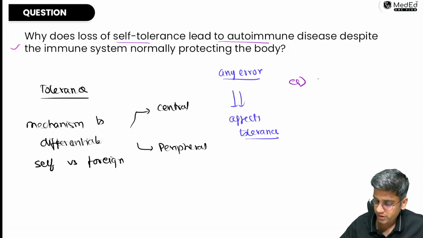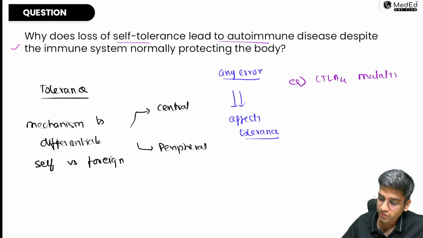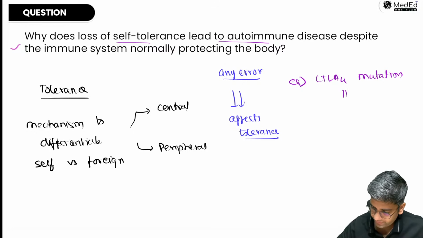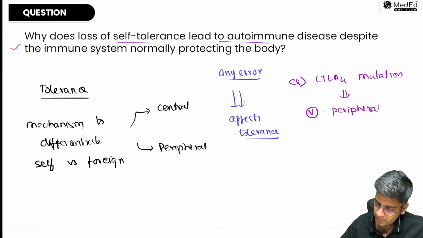Example, there's a mutation in CTLA4, because CTLA4 is very, very important for anergy, right? CTLA4 normally helps in peripheral tolerance in a mechanism called anergy.